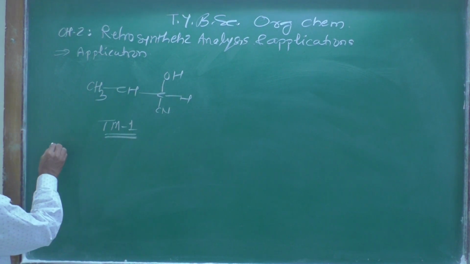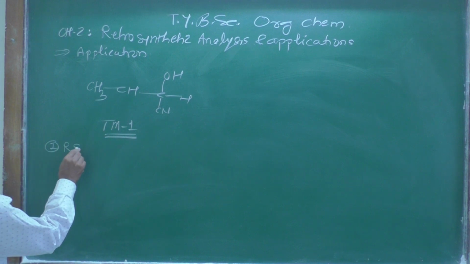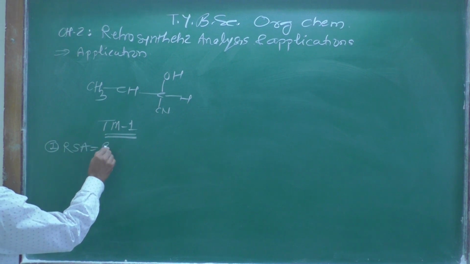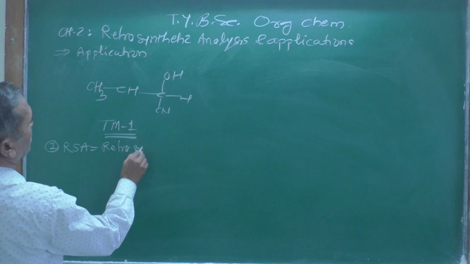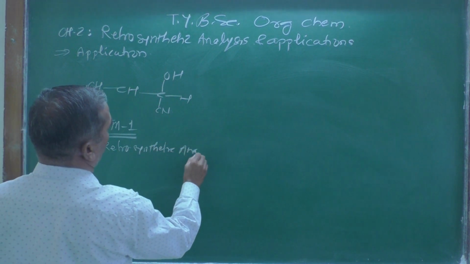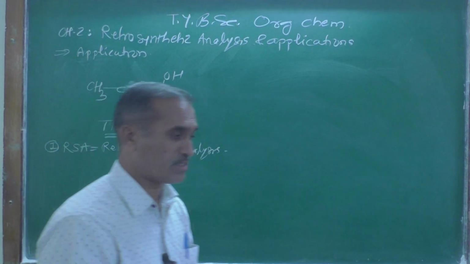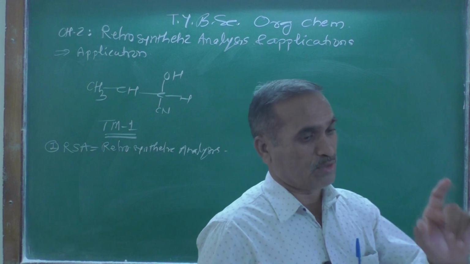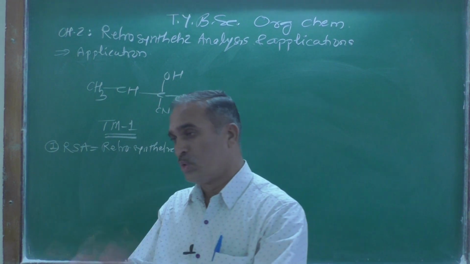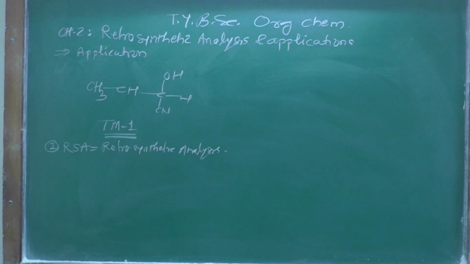The first point here is retrosynthetic analysis. RSA means we have to analyze this target molecule. As I have already told you, observe this target molecule carefully and see how many functional groups are present there.